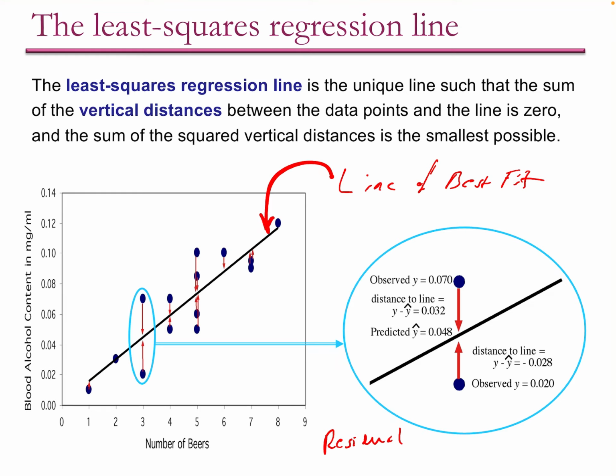If you square all of those residuals and add them up, that value is the lowest it can possibly be. It's easier to think of it not in terms of squared residuals, but just residuals alone. Positive and negative, you add them up, you get 0. That tells you the line is in the correct place.